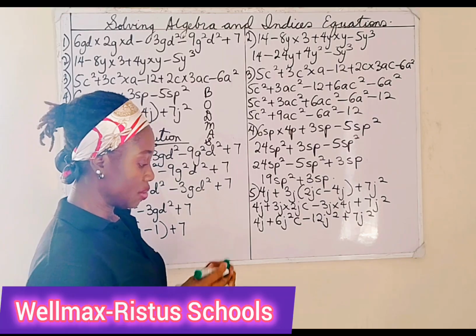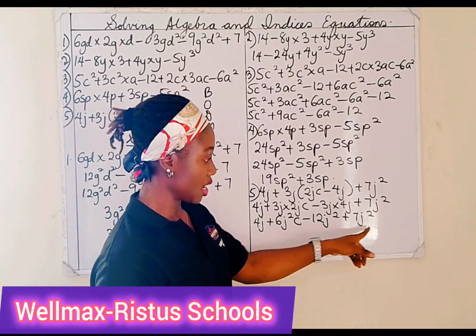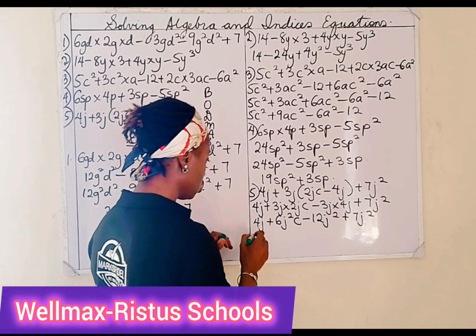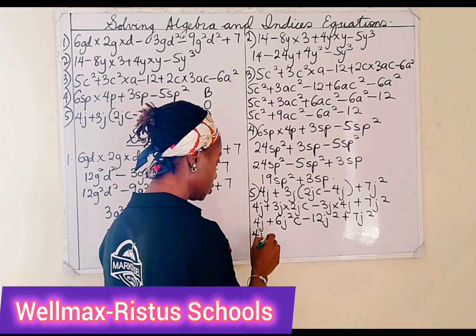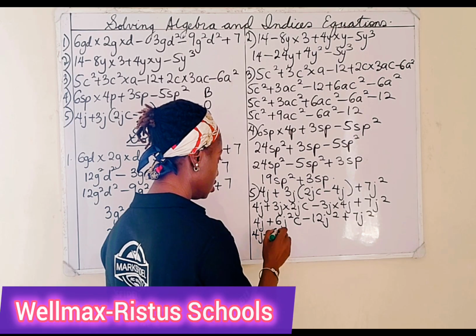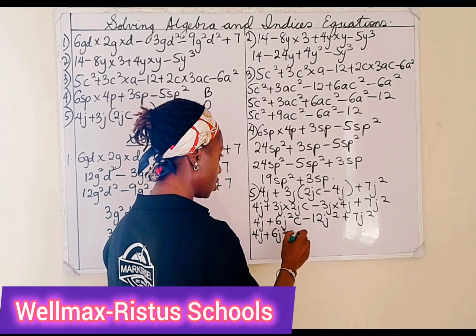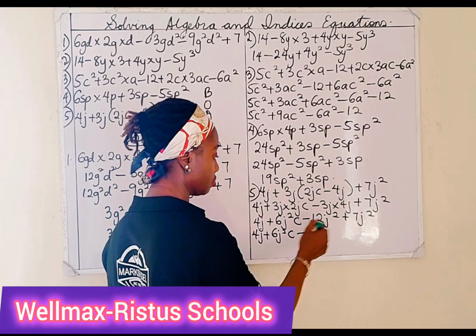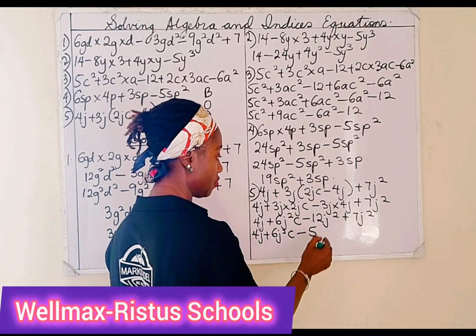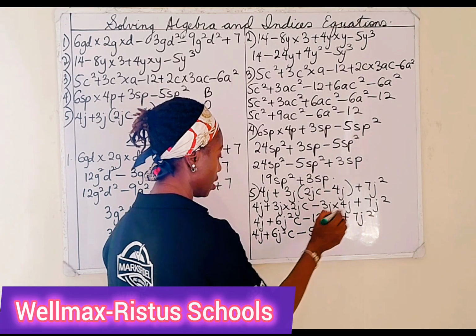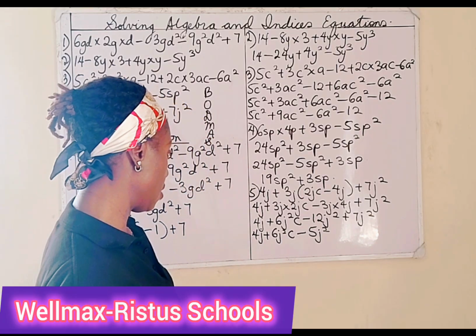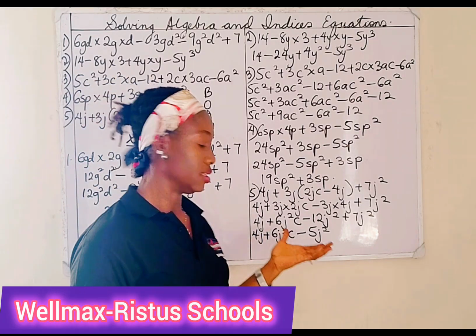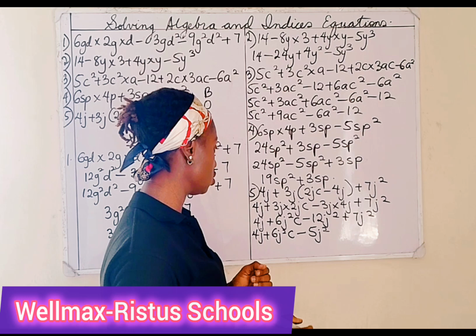Okay, now we have like terms here of 12j squared and 7j squared. So we have 4j plus 6j squared c minus 12 plus 7, that's minus 5j squared. Okay, and this is the final answer for this question.